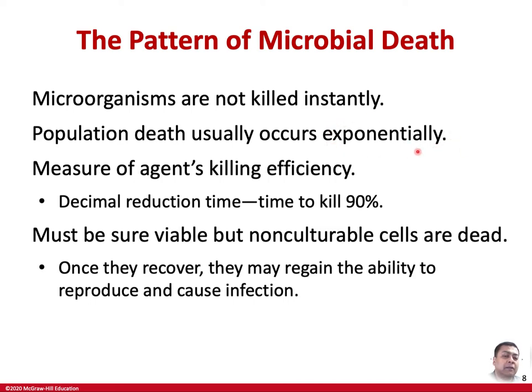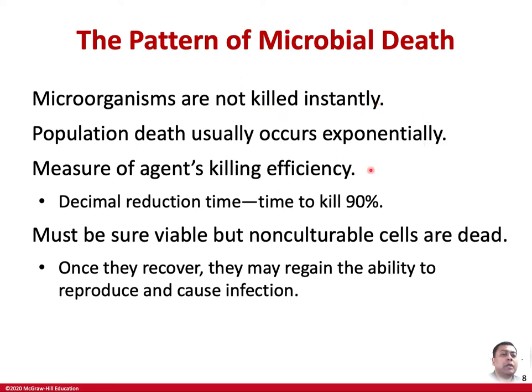If there is availability of nutrients, growth occurs on a logarithmic scale. The same way, when microbes are killed due to exposure to some agents, they are also killed exponentially, but they are not killed instantly. They do have a lag phase just like their growth.